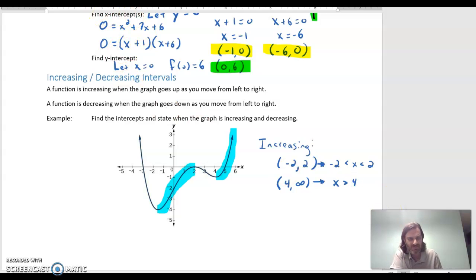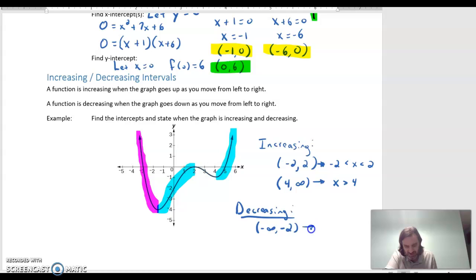Now if you want to talk about the decreasing intervals, that's where it's going down from left to right. So the function value is the y, and the y is decreasing right here as we move from left to right. And that interval is from -infinity up to -2.